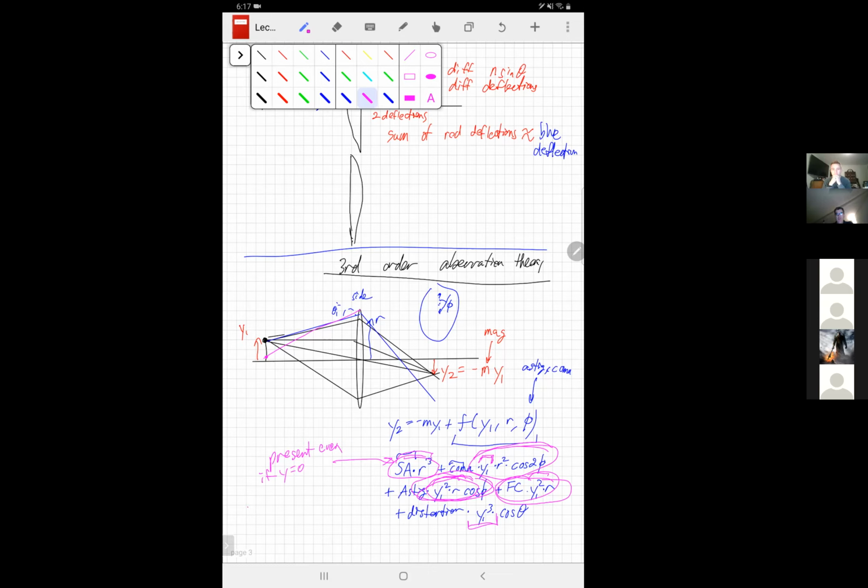What I want you to take away is that they arise from distinct mechanisms, and which ones dominate depends on whether you're very close to the axis or very far from the axis. Close to the axis, spherical aberration dominates. Far from the axis, astigmatism and field curvature and distortion will dominate. Any questions so far?